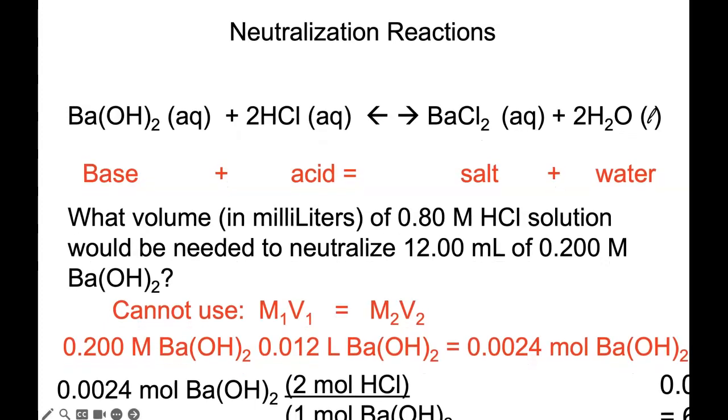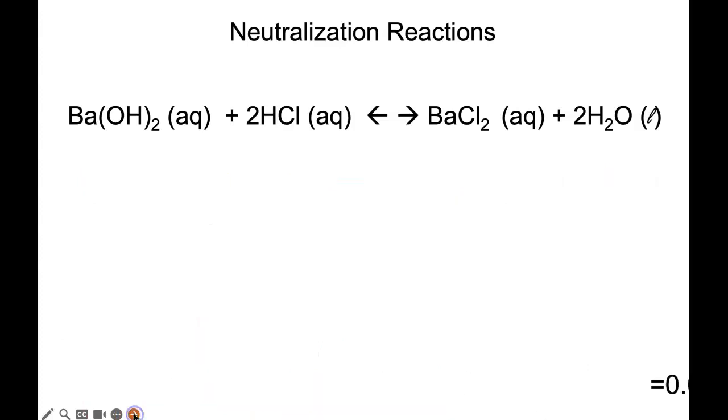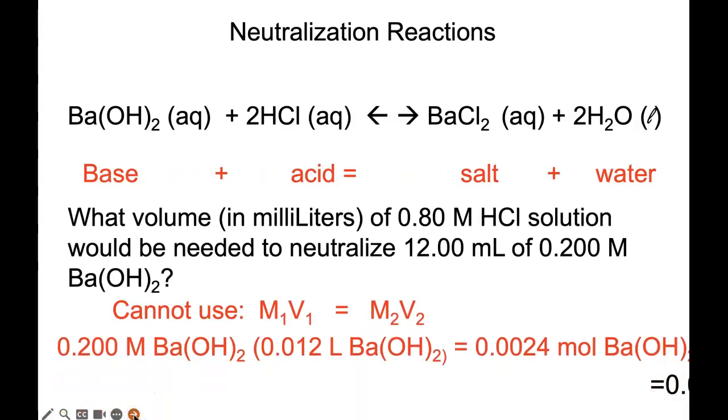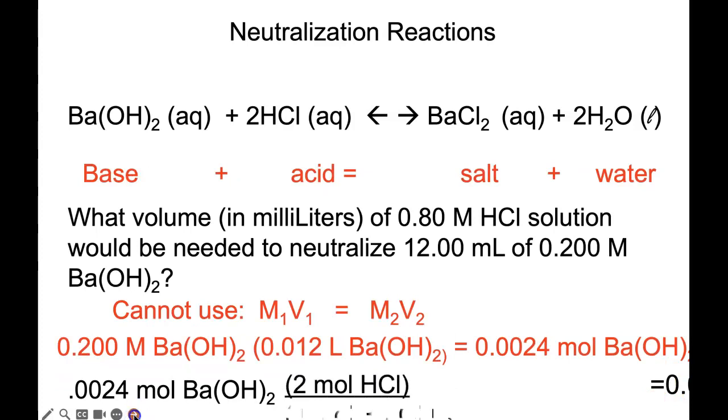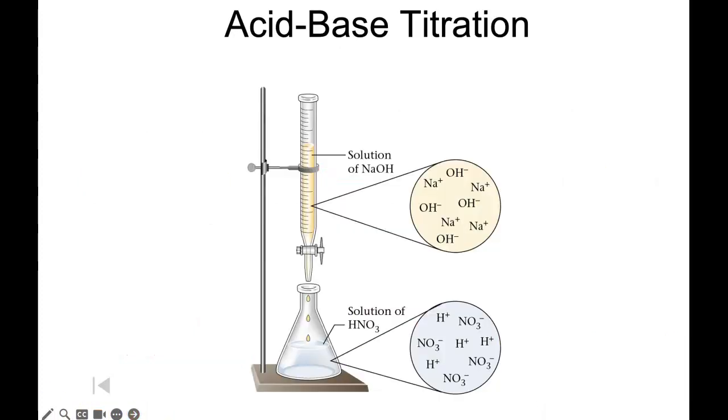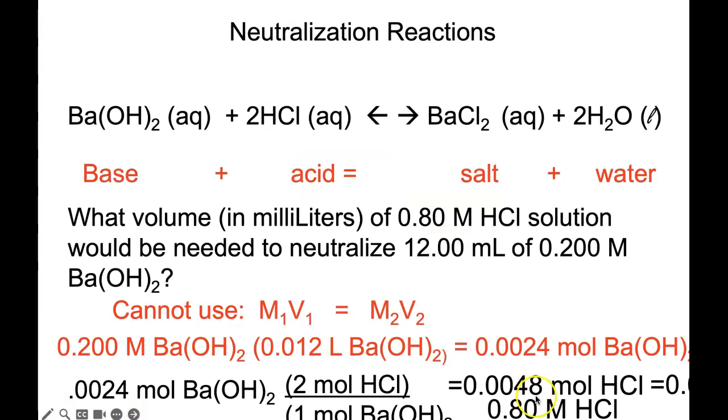Let me see if I can pull that down a little bit so that you can see it. And that's going to give me my moles of HCl. Once I get my moles of HCl, after I've got my moles of HCl, all I need to do then is divide by my molarity, and that is going to give me my liters.